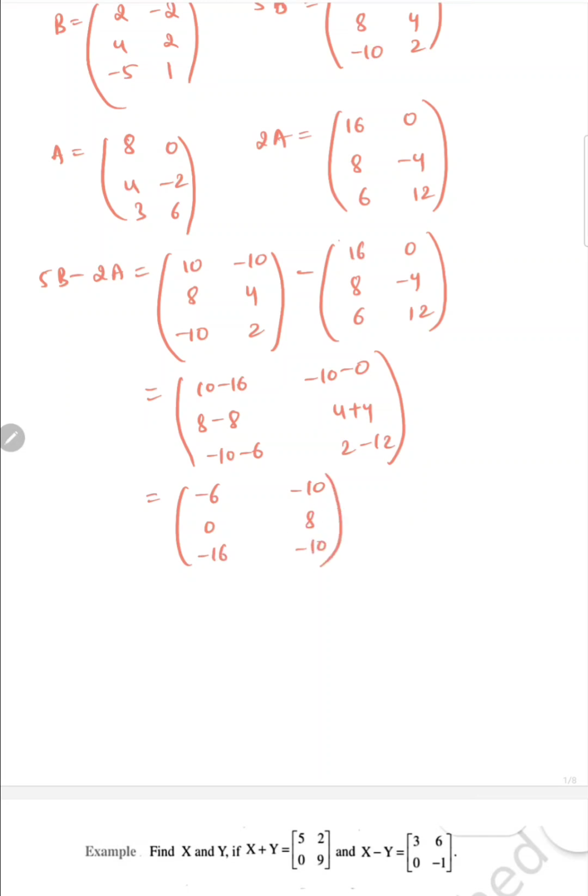Now to get X, we have 1 by 3 of 5B minus 2A.